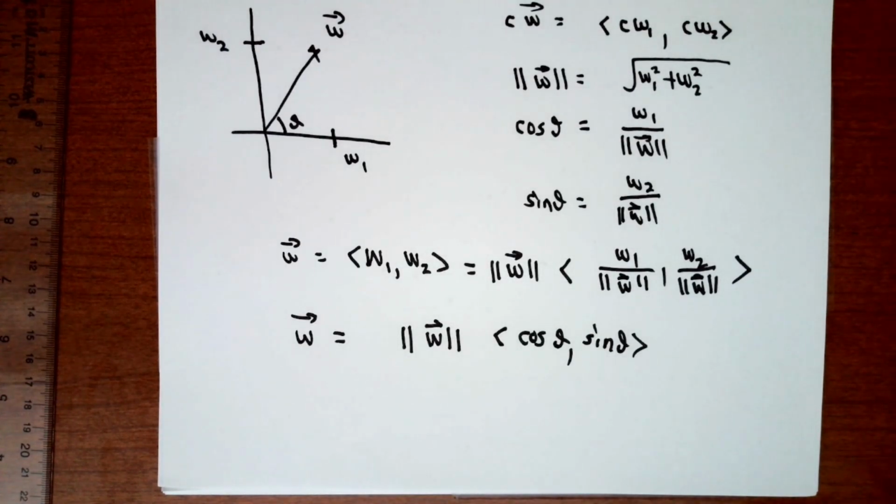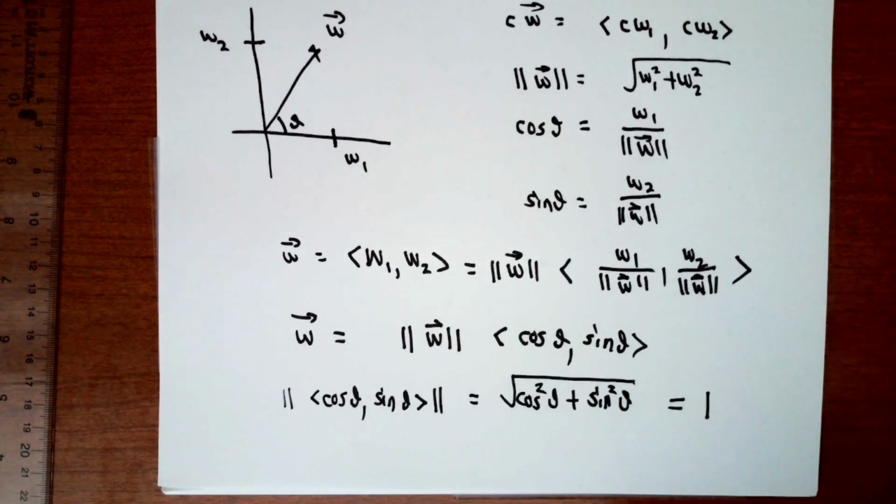One other useful fact has to do with that cosine sine vector. The magnitude of the vector <cosine theta, sine theta> is the radical of cosine squared theta plus sine squared theta, but we have a trig identity that says cosine squared plus sine squared is 1, radical 1 is 1.